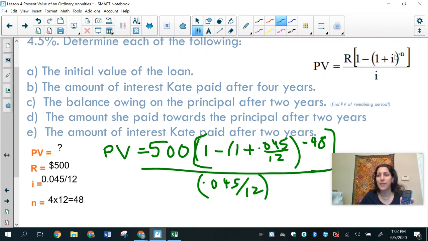Sorry. Raise that number to the negative 48, then make that number negative, then add 1. That's where you're going to get this big square bracket from. Multiply that big square bracket by 500, then divide it by, use a round bracket, put in this number here, 0.045 divided by 12, close your round bracket, say equals, and it should generate a final answer.